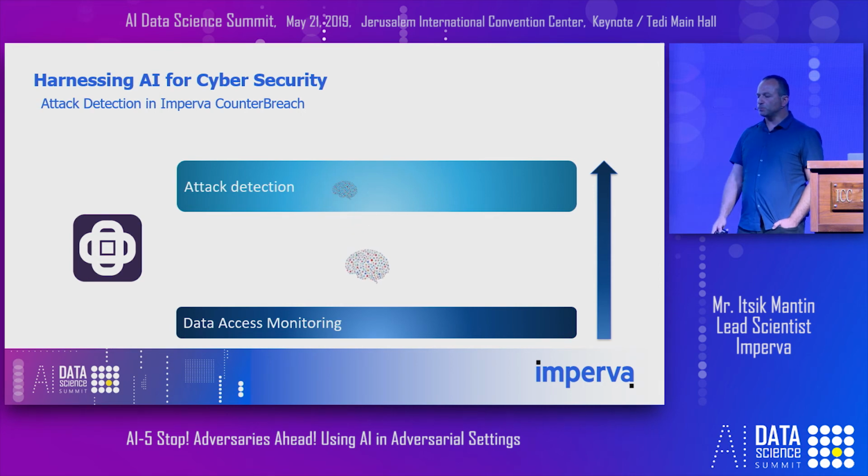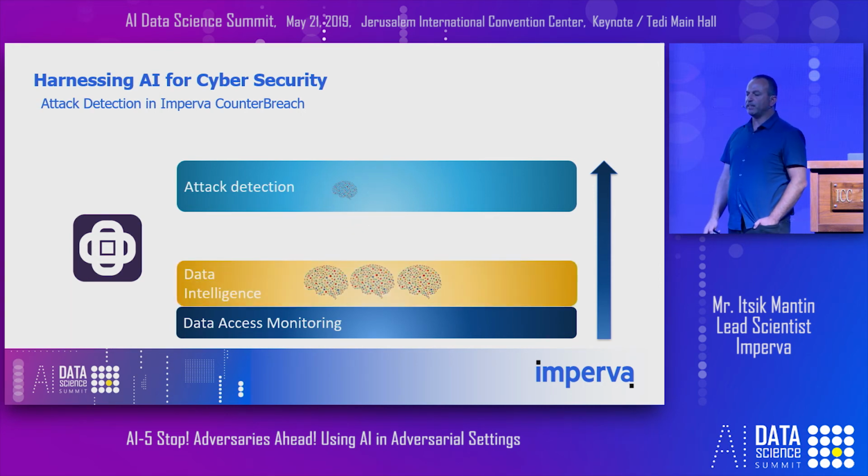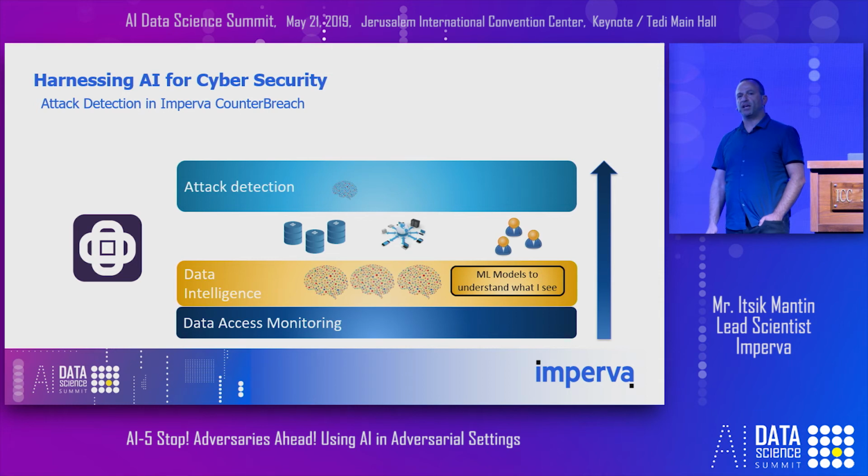So what we did is we created an intermediate layer that we call data intelligence. There we put a lot of machine learning models that don't try to detect attacks. They try to see within the data what it is that we are seeing. We try to understand who the users are, what their types are, which are database admins, which user accounts are being used by machines or applications, and to understand the networks and the databases.